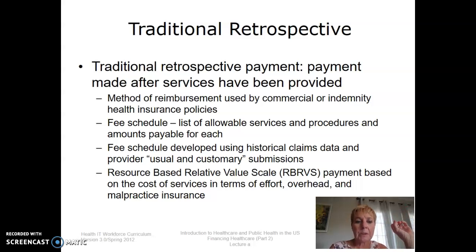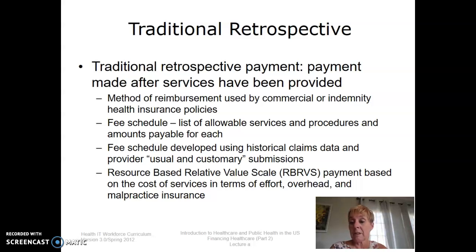So then you get to a term that you're going to learn about in reimbursement methods called Resource-Based Relative Value Scale, or RBRVS. That's a payment based on the cost of services of that provider in regards to how much effort it took, what their overhead costs are to run their facility, and what their cost for malpractice insurance is for their region.